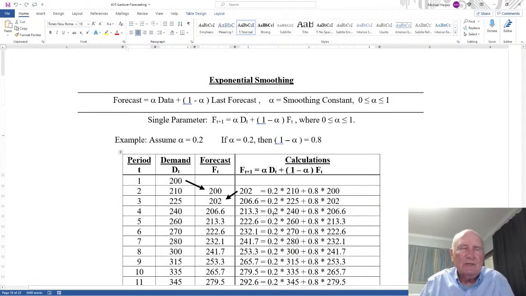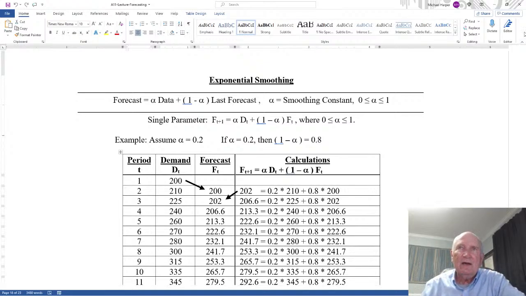Now, exponential smoothing is a moving average technique. But the moving average has equal weights. So when you average it, everything is weighted equally. You can have a weighted average. Exponential smoothing is a weighted average where the weights are exponential weights, based on alpha.